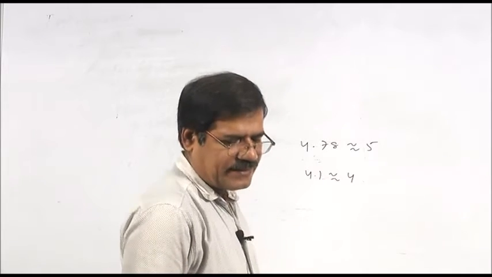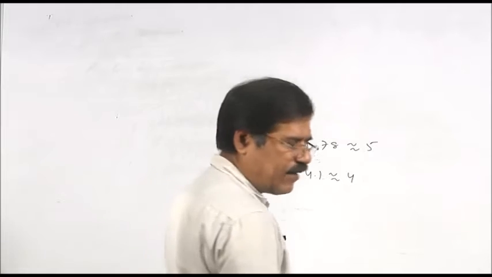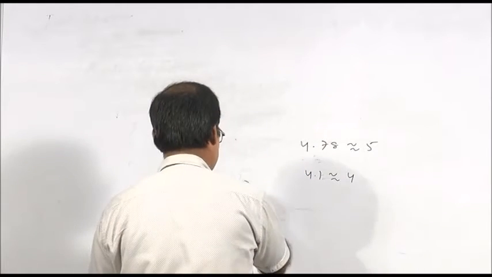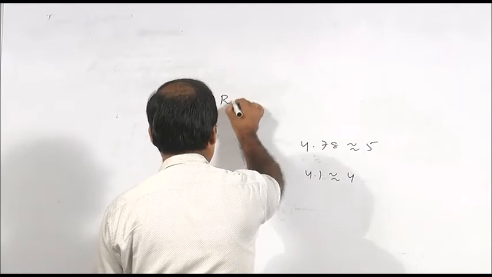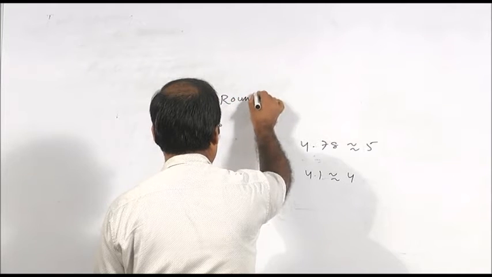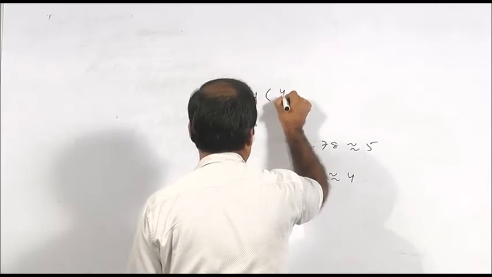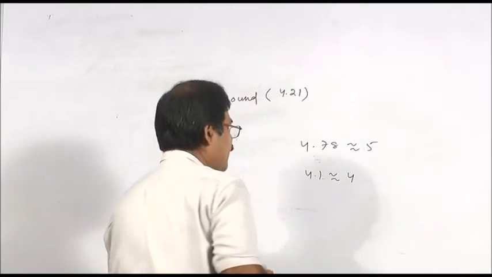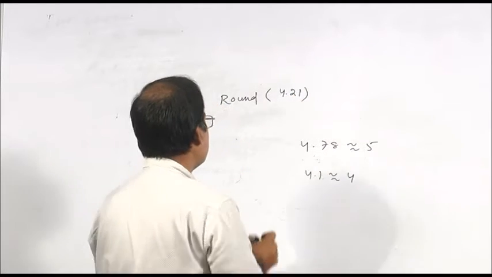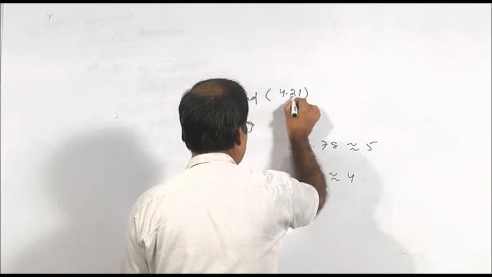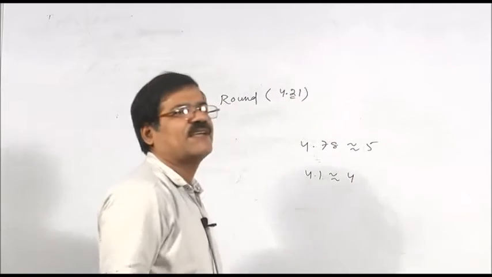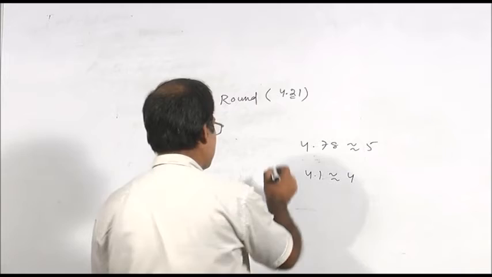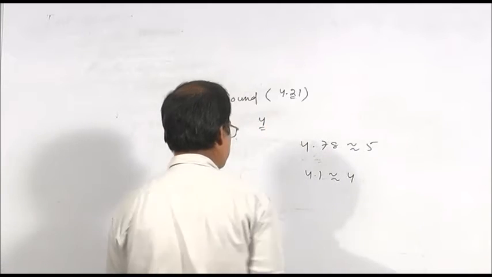Suppose I write round(4.21). What is the rounding of this number? After the decimal point the value is 2, which is less than 5, so your output will be 4.